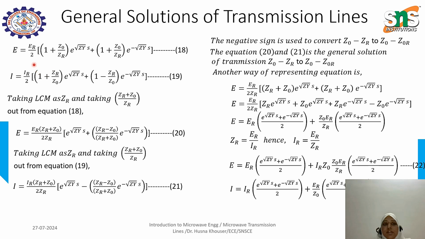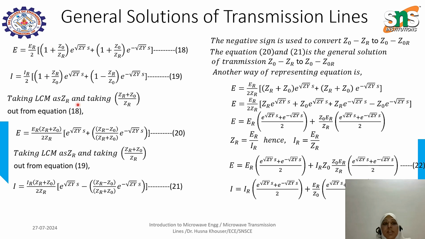We have replaced this by taking the LCM of ZR. 1 plus Z naught by ZR is nothing but ZR plus Z naught divided by ZR.